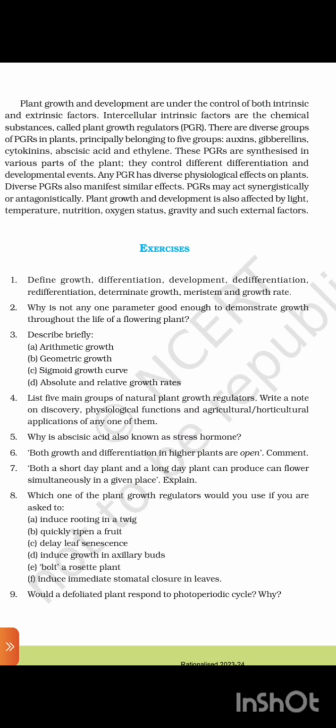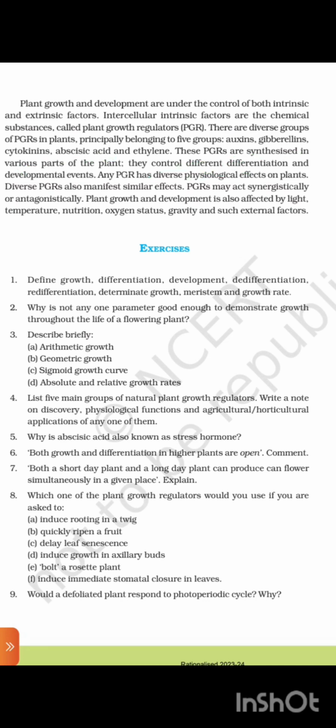Plant growth and development are under the control of both intrinsic and extrinsic factors. Intercellular intrinsic factors are the chemical substances called plant growth regulators, PGR. These are diverse groups of PGR in plants, principally belonging to five groups: auxin, gibberellin, cytokinin, abscisic acid, and ethylene. These PGR are synthesized in various parts of the plant.